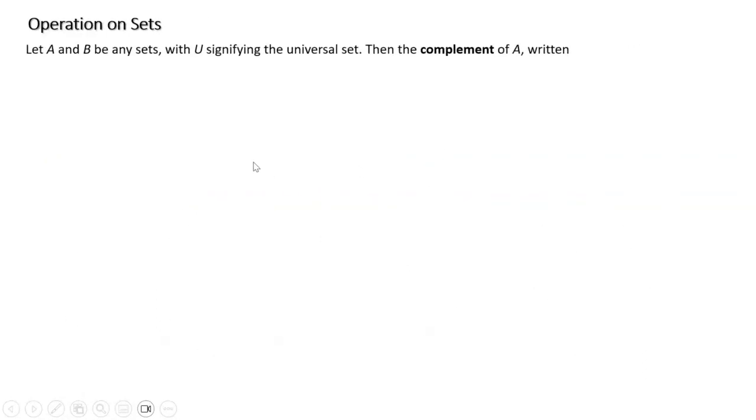Okay, now we have operations on sets. Let A and B be any set, with U signifying the universal set. Then the complement of A is written in this form. This is the way you write it.